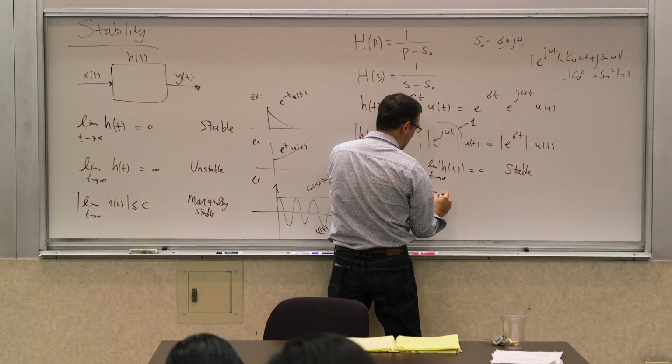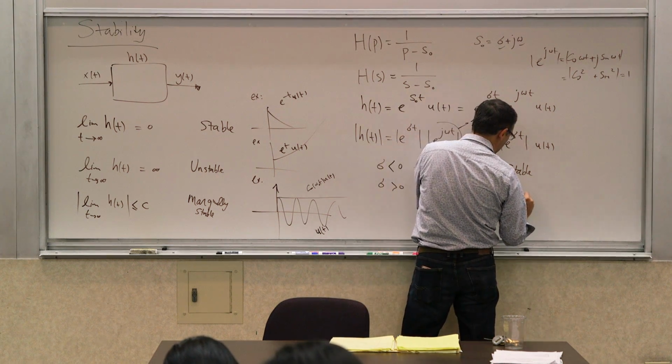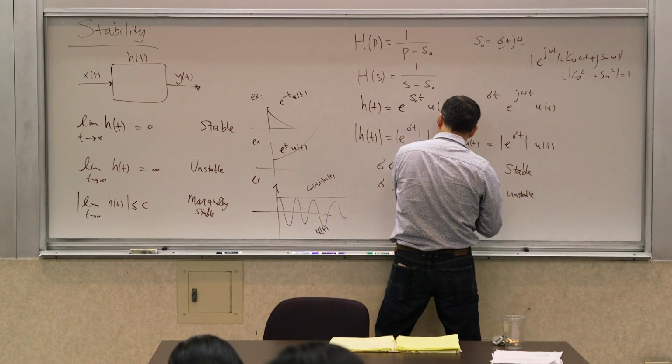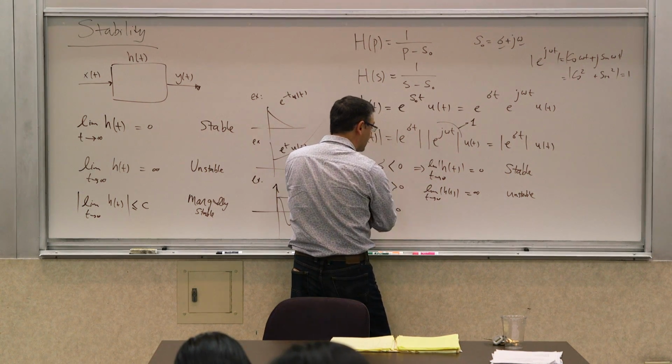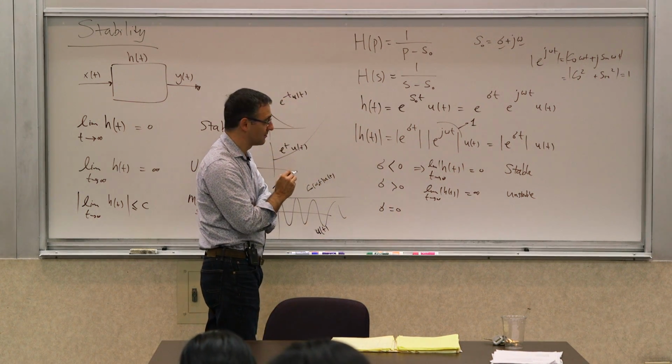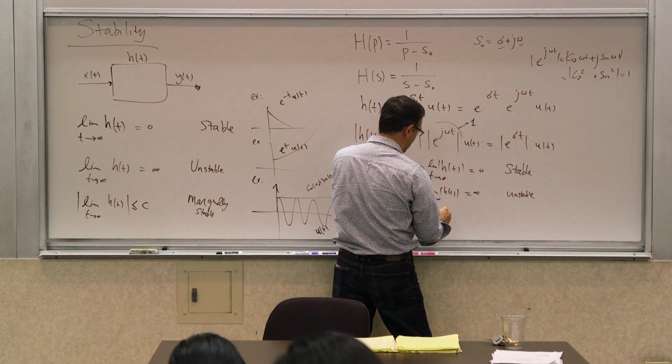Unstable, right? Because the limit goes to infinity. So it's going to be unstable. And if sigma is 0, it's going to be marginally stable, right? Because its magnitude is going to be 1 in this case.